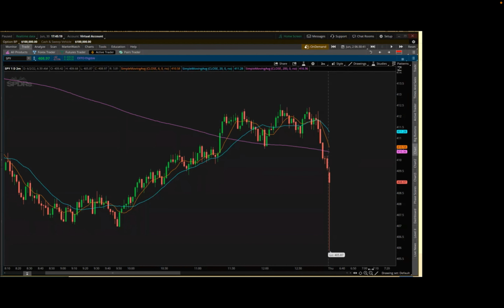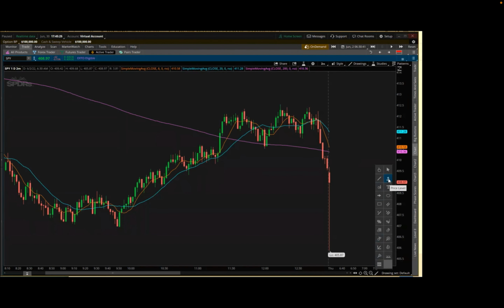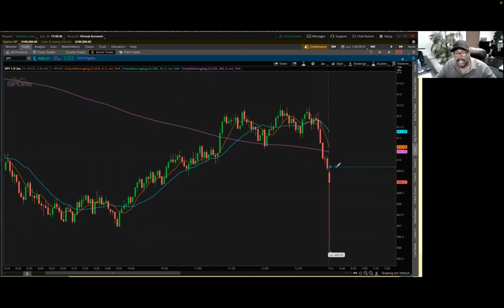Click on that, and then the dollar sign right under the arrow is your price levels. You want to use that to set support and resistance or trap zones, however you see fit.